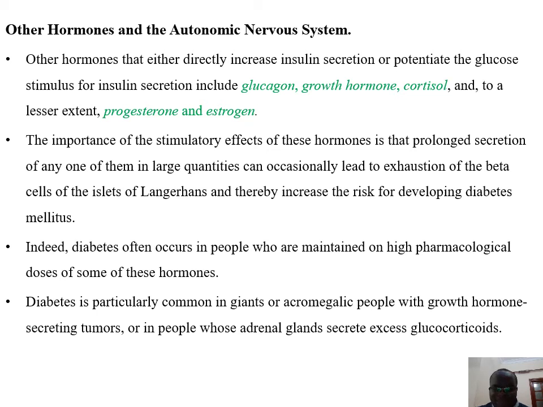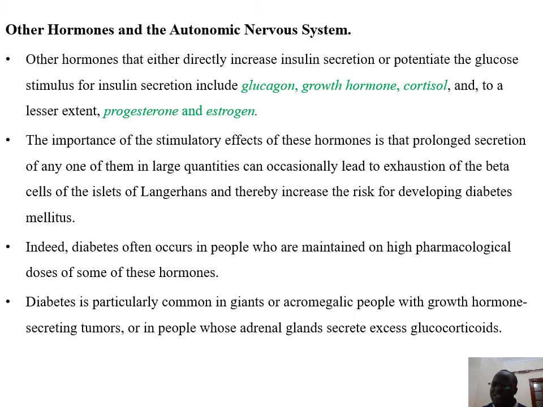So diabetes is particularly common in giants or acromegalic people with growth hormone secreting tumors, or in people whose adrenal glands secrete excessive glucocorticoids. Even an excessive amount of glucocorticoids like cortisol can result in adrenal diabetes. If you remember, continuous production of cortisol, or pharmacological doses of cortisol, can cause adrenal diabetes.